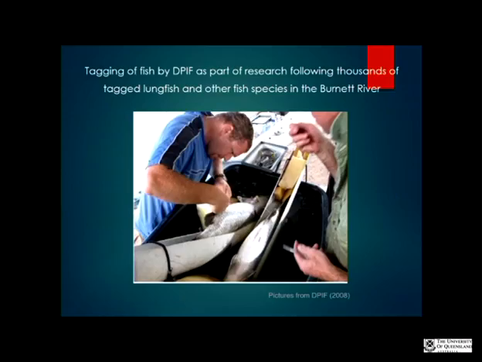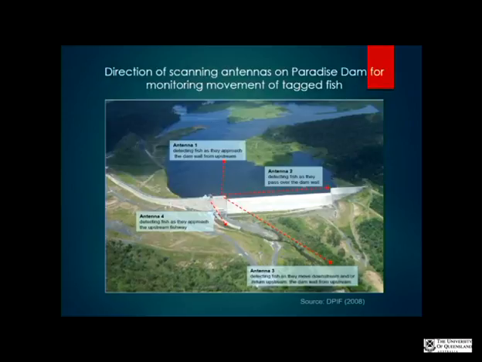So the Department of Fisheries tagged the lungfish and traced them as they made their way upstream and downstream. And what they had was antennas on them. So the antenna would detect the fish as they approached the dam wall, and another antenna would detect the fish as they passed over the dam wall.